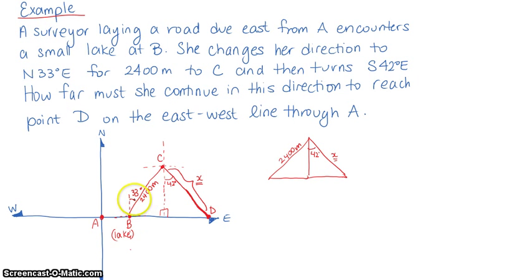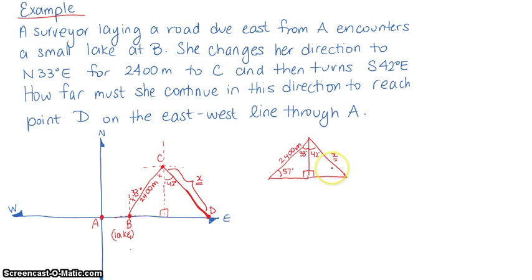So the remaining angle will go here. Or you can say this angle up here is also 33 degrees because they're alternate interior angles of parallel lines. So we can fill in this angle here is 90 minus your 33, which will give you 57 degrees. We also know this one is also 33 degrees because, like I said, when you have 2 parallel lines, you have alternate interior angles. This angle here is the same as this angle here. And now we have our 2 right angle triangles to work with.